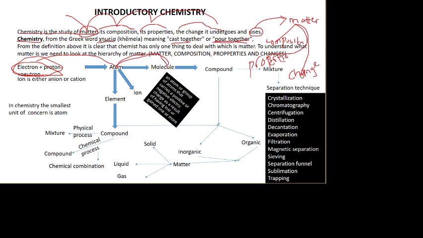Not that alone, atom can lead to ions, and atom can lead to elements. It depends on the path that atom takes that will determine what it will become between these three entities: element, ion, and molecule. If the atoms combine to become a neutral molecule, and these particular atoms may be homogeneous or not, they are called molecule.